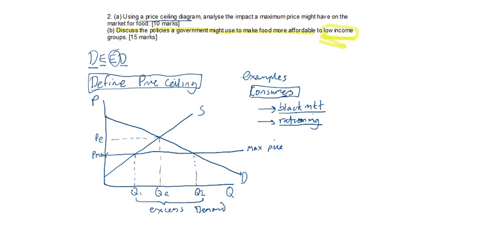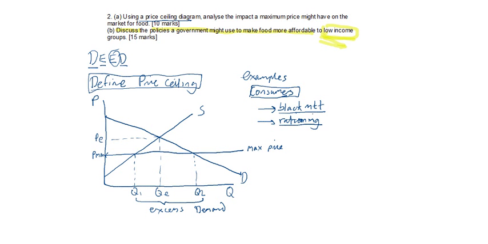So again, we can say that a price ceiling is one of the things that the government might use that might help low income groups afford food in this case. However, this is where we need to talk about some of the drawbacks which we might have just touched on last time.